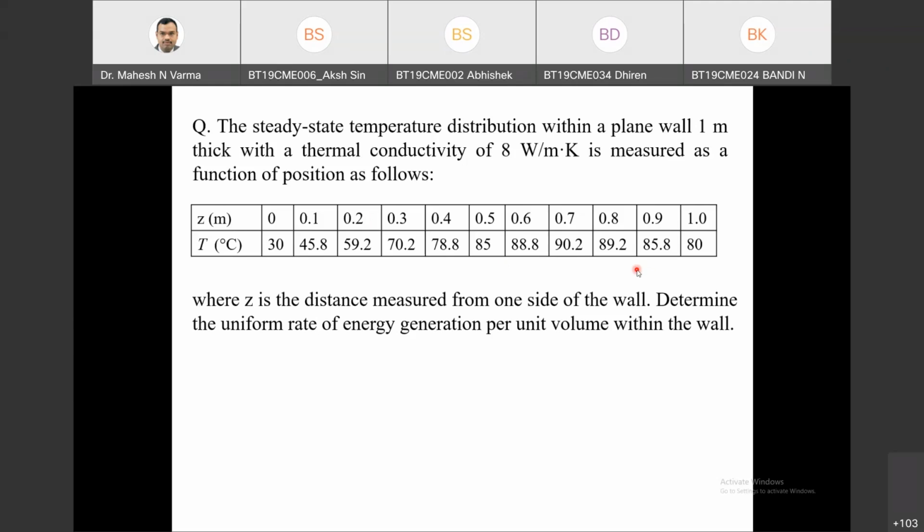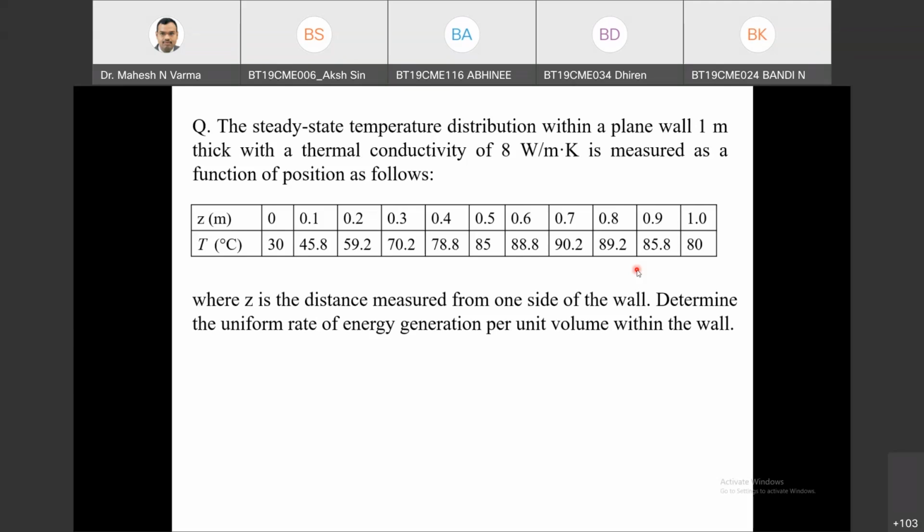Yeah, Abhinit. Now your mic is working. Yes, sir. Okay, now tell me how to handle this problem. So we will make a graph, and from the graph by interpolation we can relate T and x. And sir, there is one more method we can apply here. Very good.